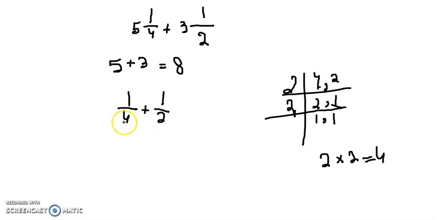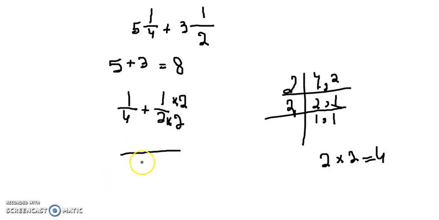So in the first fraction 1 by 4, the denominator is already 4, and we have to convert the denominator of 1 by 2 into 4, so we multiply the denominator by 2 and also the numerator by 2 because it's the rule.